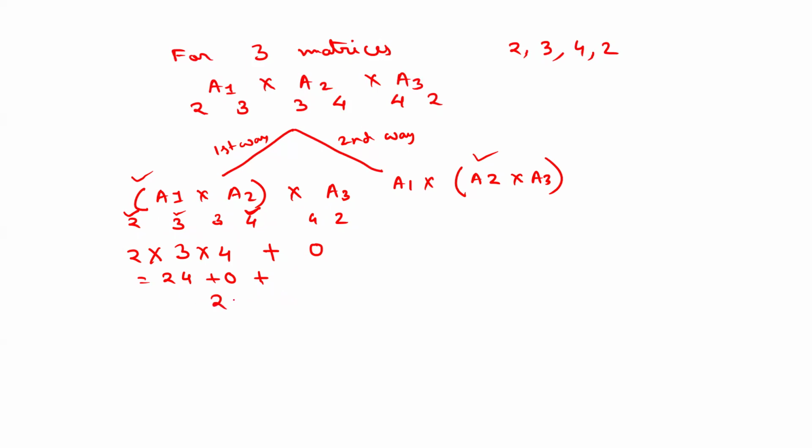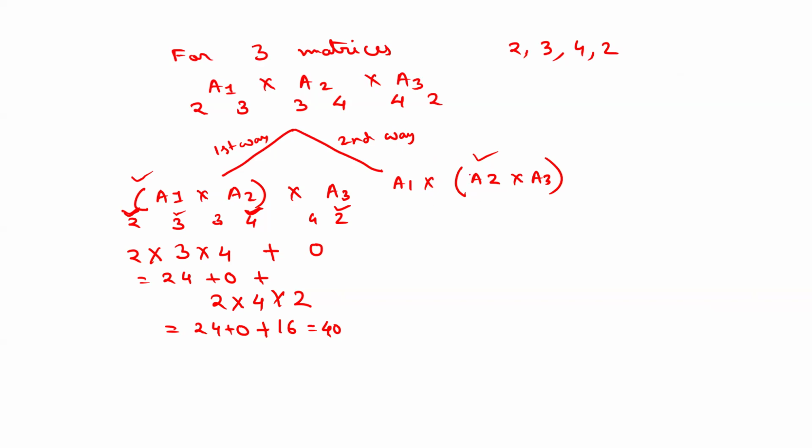That is 2 cross 4, this one, and 2. So that will be 24 plus 0 plus 16, that is 40.